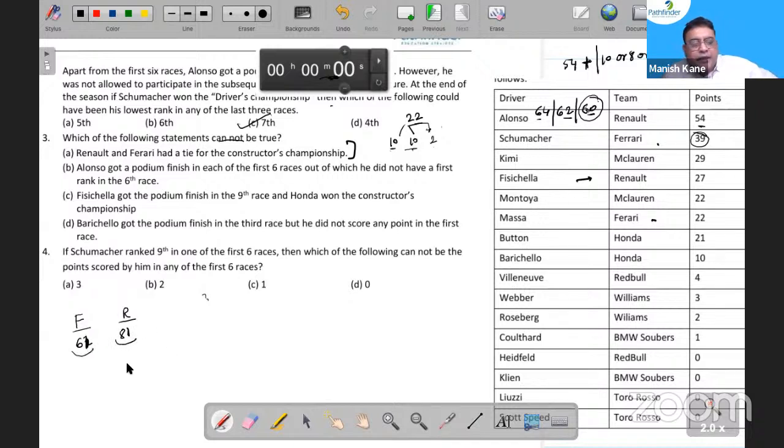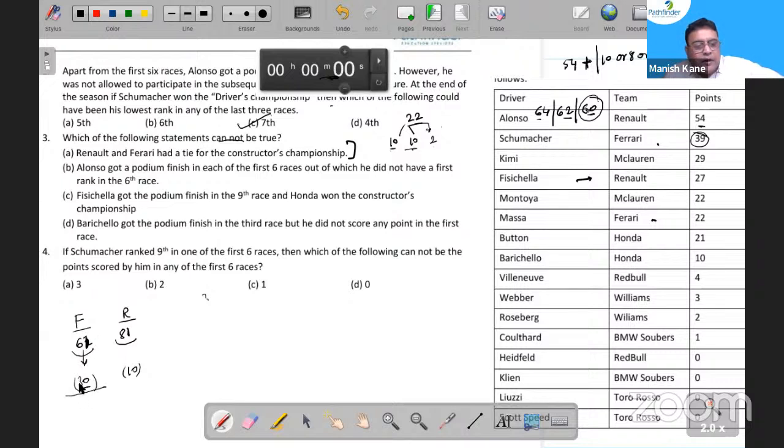If they have a tie, it means the difference between their scores must be 20. That is how you have to look at it. So now you have to look at some combination of scores by which the difference of their scores is 20. For example, if the total of Ferrari is 30 and total of Renault is 10 in the last 3 matches, then there could be a tie.